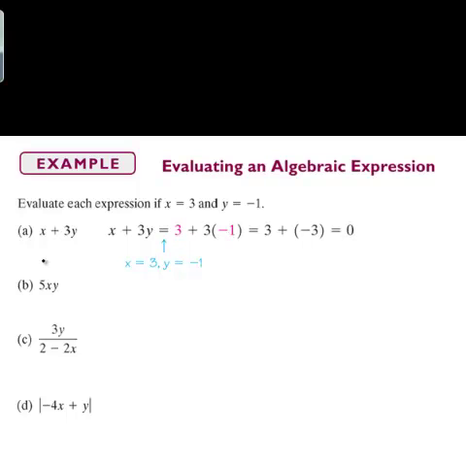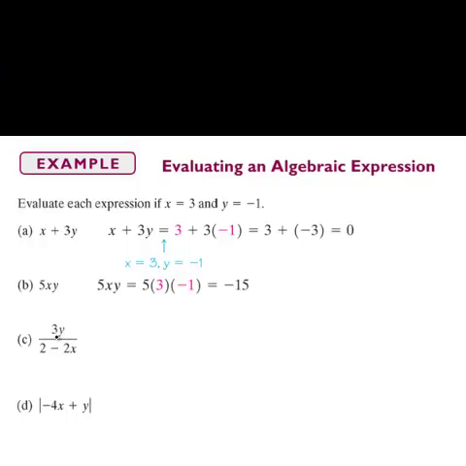So the value of the expression x plus 3y at x equals 3 and y equals negative 1 is 0. All right, let's do these other ones. 5xy, you plug in 3 for x and negative 1 for y. 5 times 3 times negative 1 gives you negative 15.